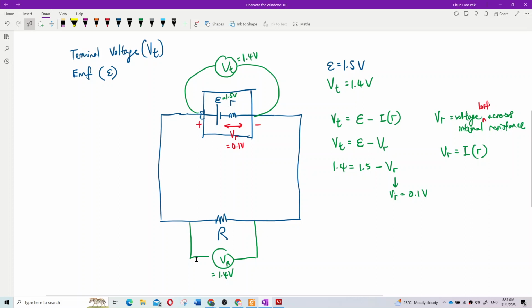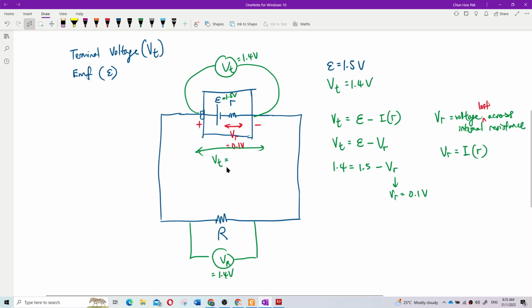So it's like parallel. Understand, class? So across this one, the terminal, this is the terminal voltage. Across the terminals, this is the terminal voltage.